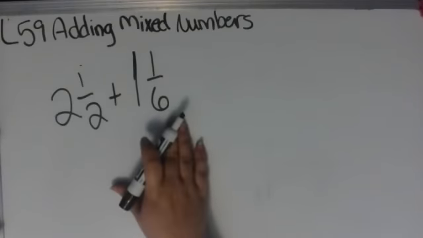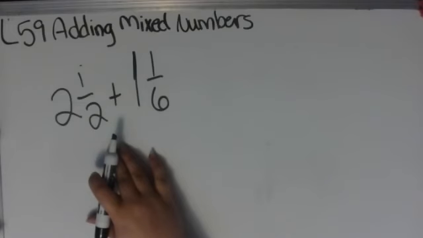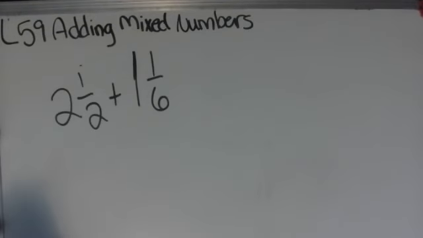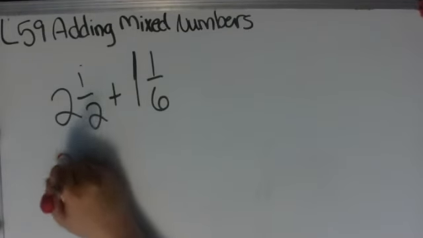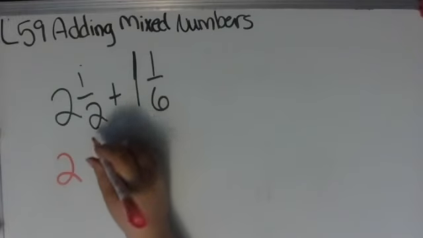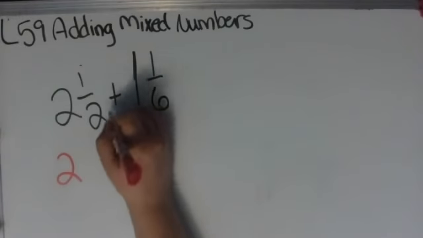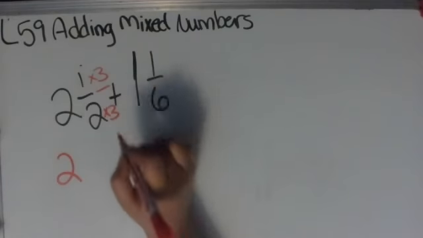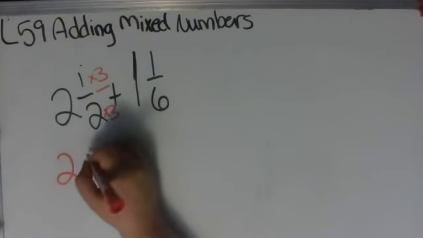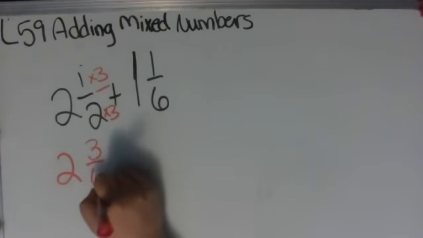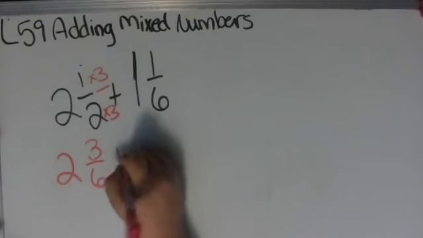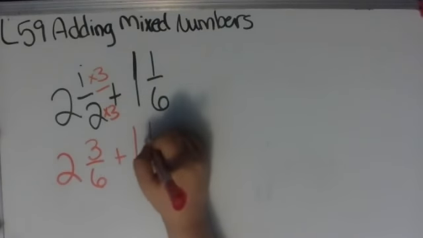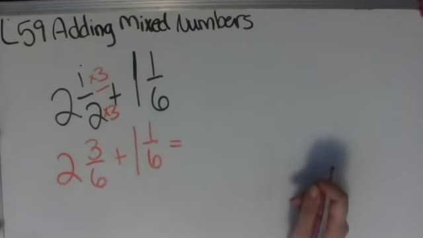So I don't have to change this fraction. I just need to change this fraction. The 2 just comes straight down. This one I'm timesing by 3 and also timesing this top one by 3. So 1 times 3 is 3, 2 times 3 is 6. Add, and I can just bring this one straight down, 1 and 1/6.